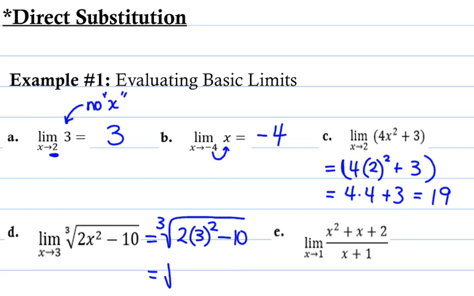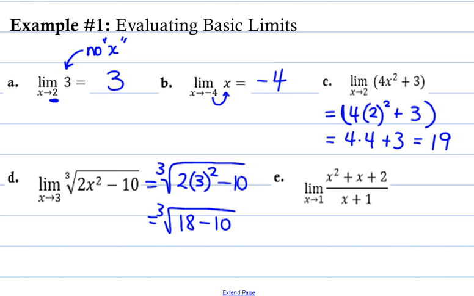So 3 squared is 9. 9 times 2 is 18. 18 minus 10. The cube root of 18 minus 10 is 8. So there is some number somewhere that if I multiply it by itself and then again by itself, I get 8, and that's 2.